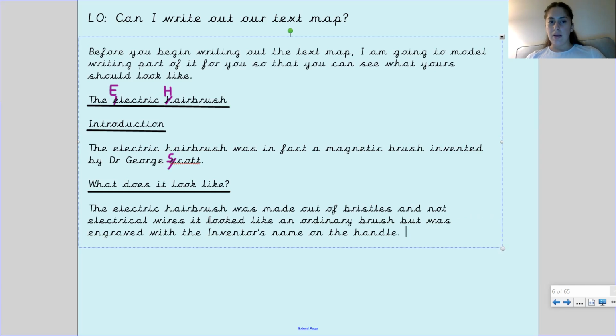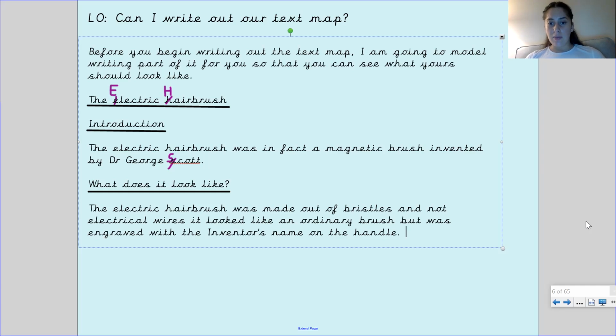Pause the video. Read back over my paragraph really carefully. Do you notice anything? Well done if you spotted the fact that I forgot to separate my two sentences with a full stop. Where does my first sentence end? Let me read back over it.